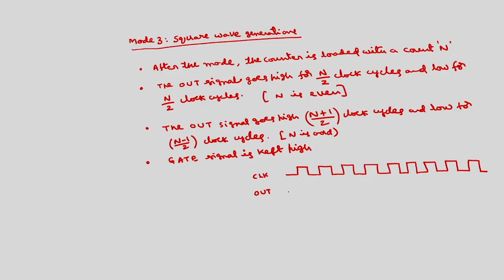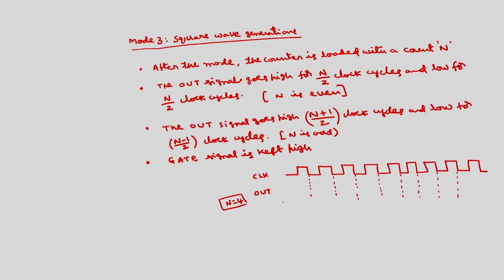First I will draw for n equal to even. We know that the change occurs at the negative edge of the clock. As I have told, there are 3 counters, 16-bit presettable down counters, which operate on the negative edge. Suppose I take the out signal for n equal to, say, 4, an even number.